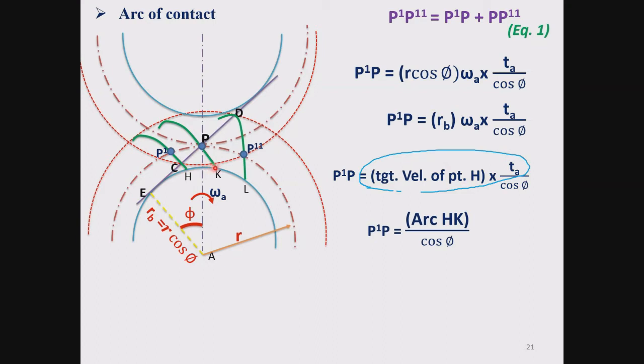The velocity of H into time will give the distance traveled by point H along the base circle. That is equal to arc HK. So I have written this here: arc HK divided by cos of phi.